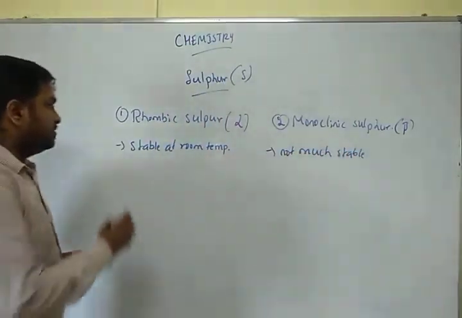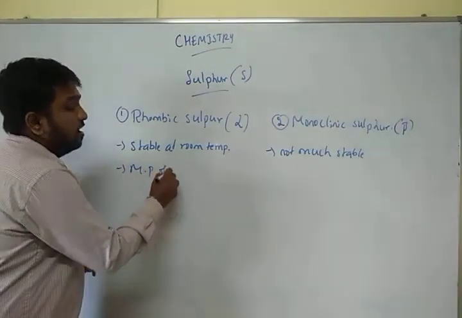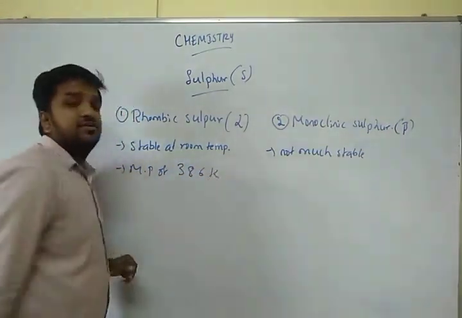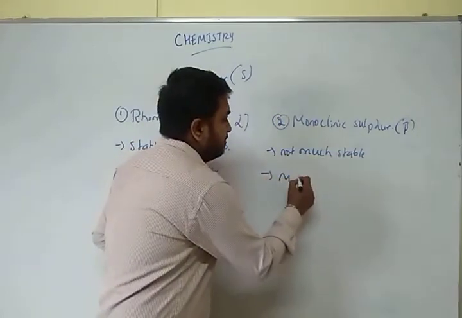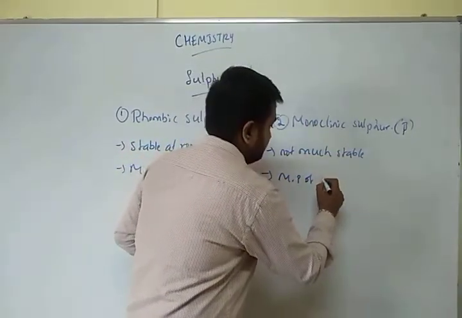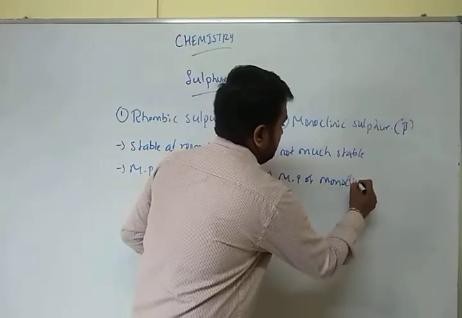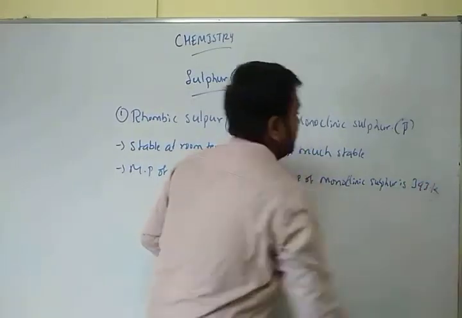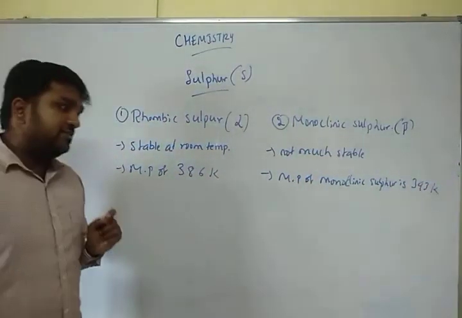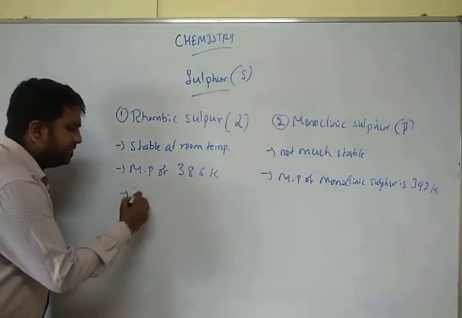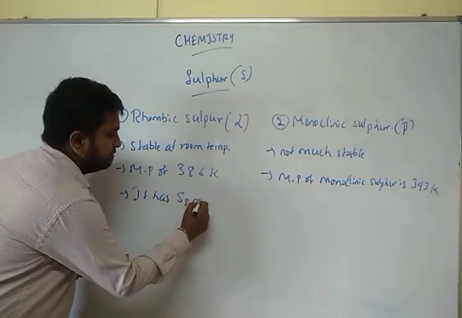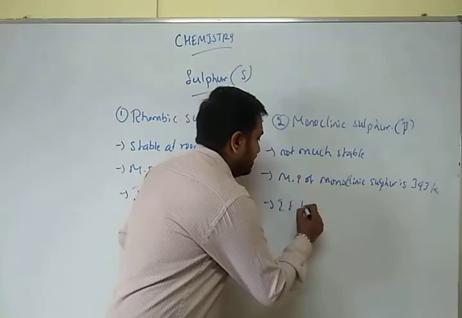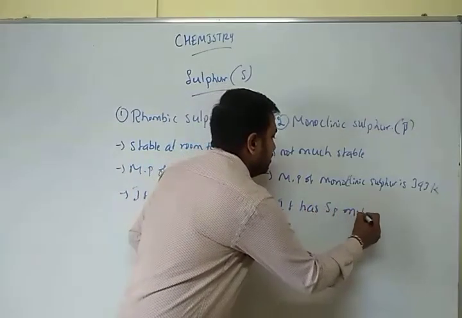Coming to the melting point, rhombic sulfur is 386 Kelvin, whereas the melting point of monoclinic sulfur is 393 Kelvin. Both have S8 molecules.